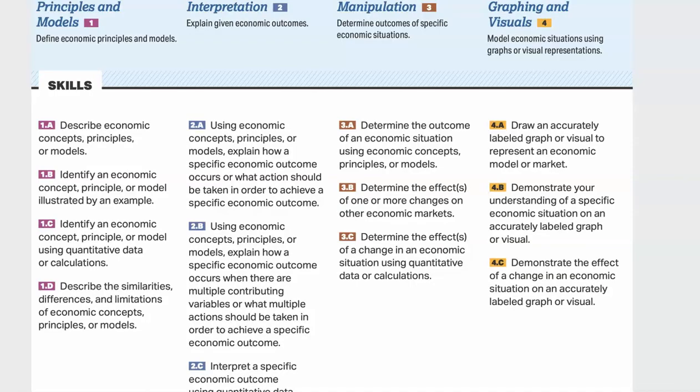As far as the microeconomic and macroeconomic courses go, the College Board divides the content into skills and content, or curriculum. The skills, which you see here, come in 4 sets: principles and models, interpretation, manipulation, graphing, and visuals.